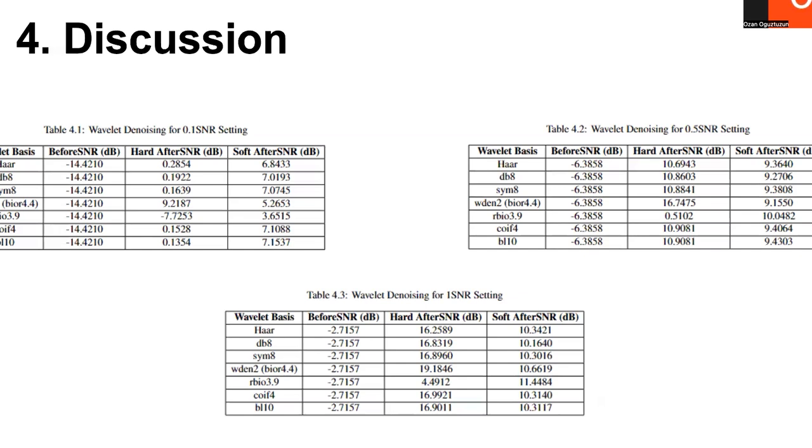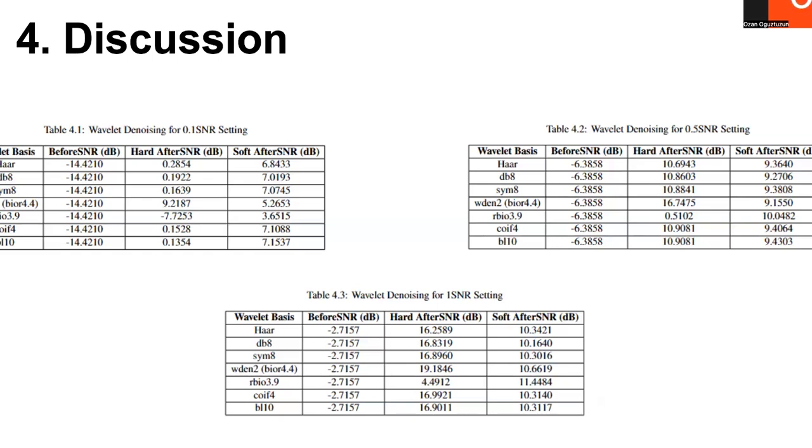We can also see that the smoother wavelet bases such as bior4.4 and db8 consistently delivered superior results, particularly under hard thresholding, due to their ability to effectively capture low-frequency components and retain structural details. In contrast, wavelets like rbio3.9 struggled with limited SNR improvements, especially with hard thresholding.